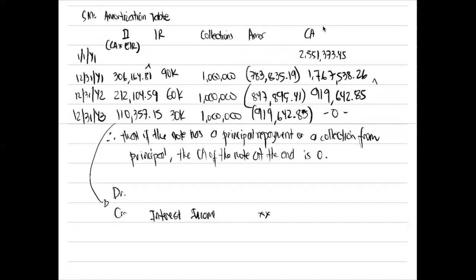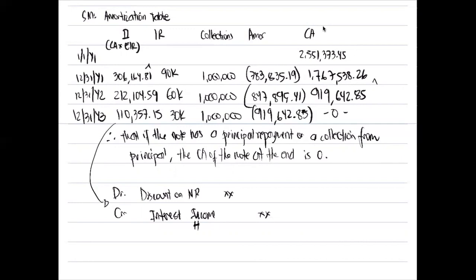And then you debit either your collections on your discount or your premium. So it is like a reduction on your discount or your premium. Here it's a discount, so we debit the discount on notes receivable.